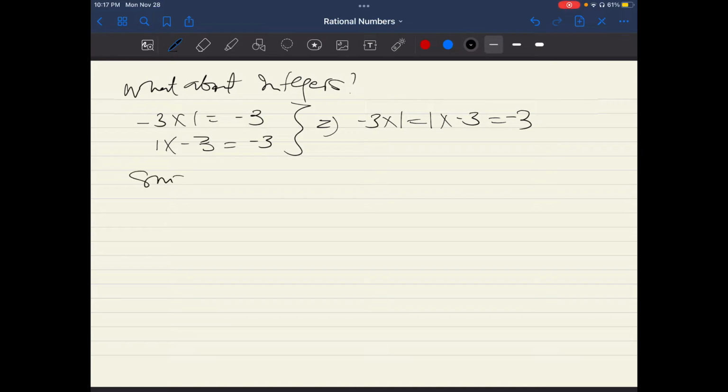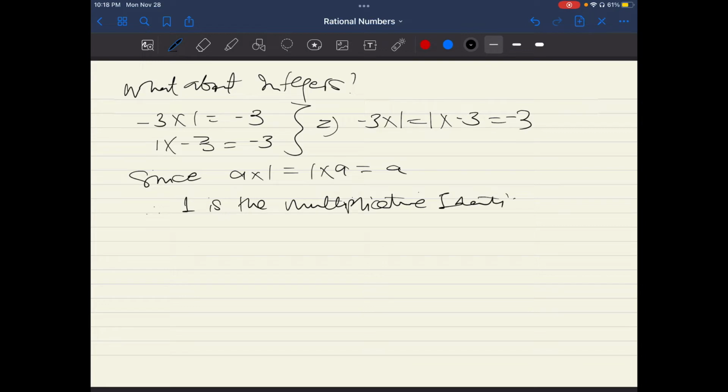So since a times 1 equals 1 times a equals a, therefore 1 is the multiplicative identity of integers as well.